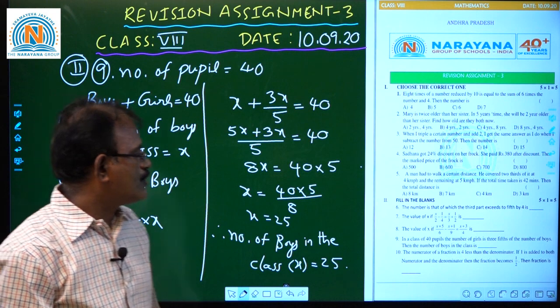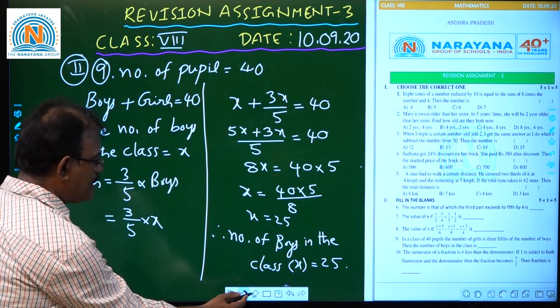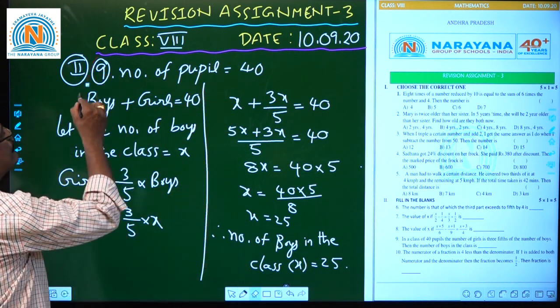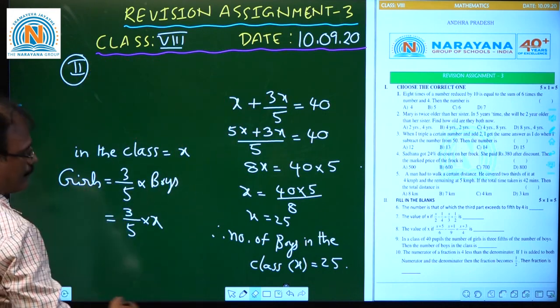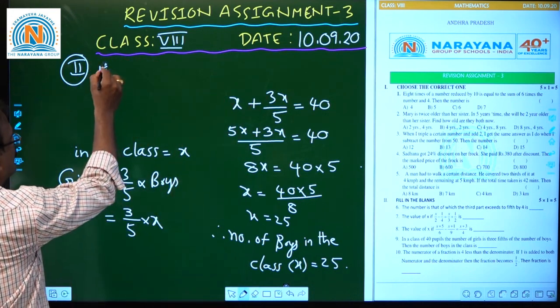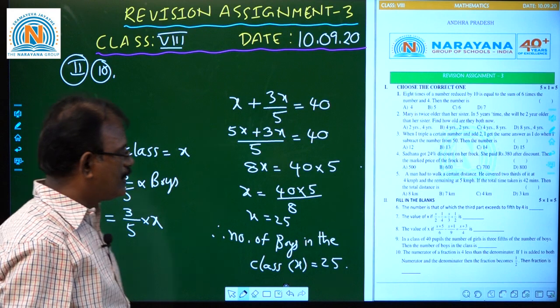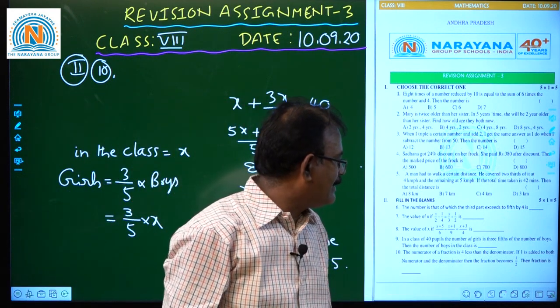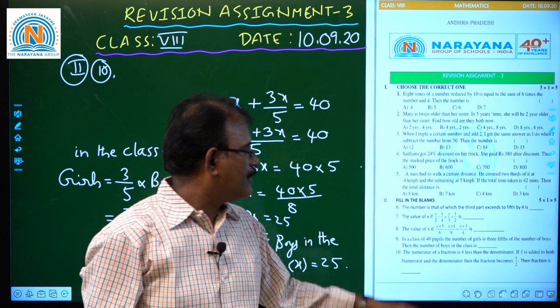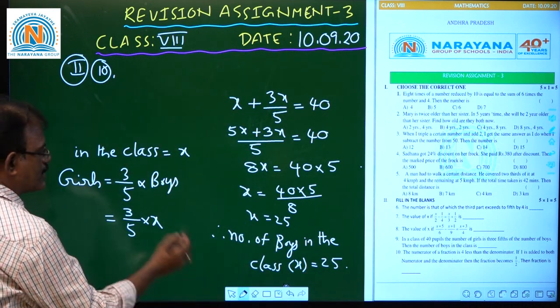So this is the question, children, and our last question is from the second Roman, the tenth one. What is the 10th one, children? The numerator of a fraction is 4 less than the denominator. Okay, this is given in such a way.